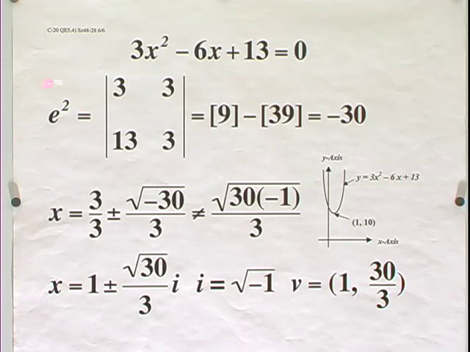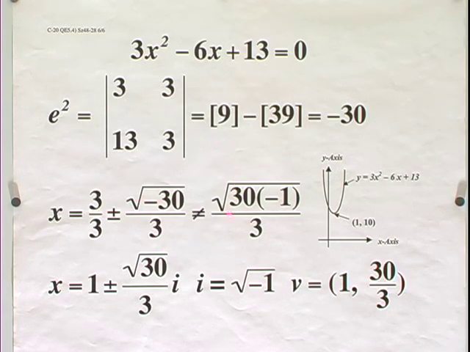What this means is the deviation from a trinomial square is -30, and this minus means that the roots are going to be complex numbers, as we'll see. So x, the roots, will be this 3 divided by that 3 by a, and then plus or minus the square root of minus 30 divided by 3.